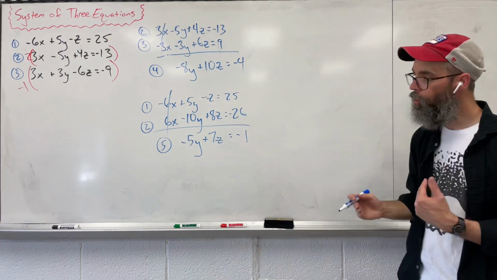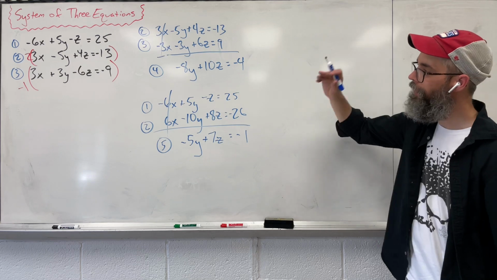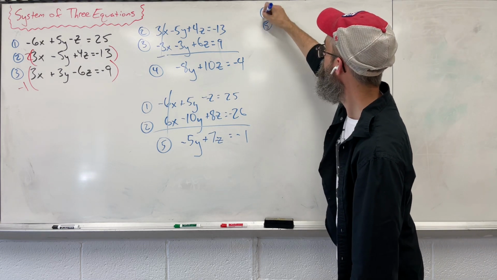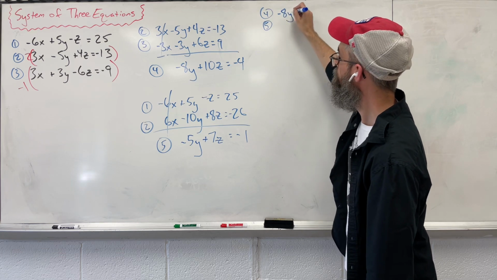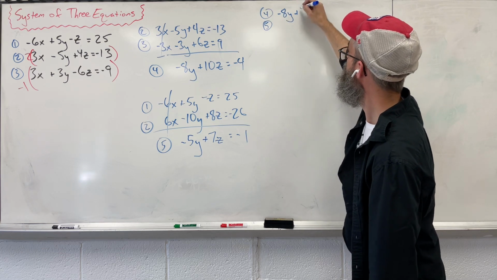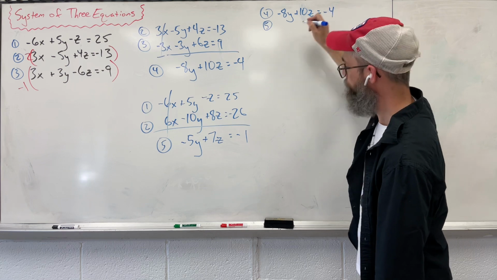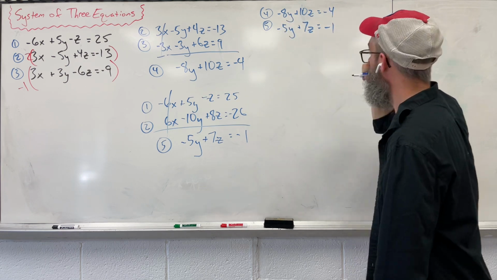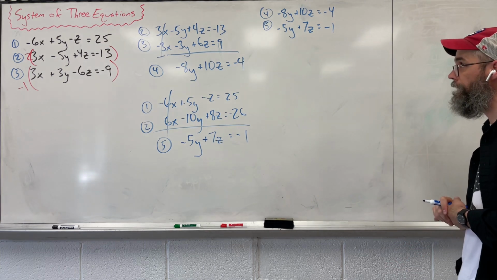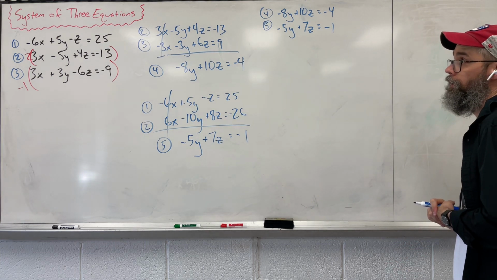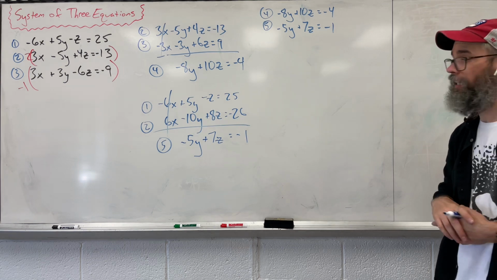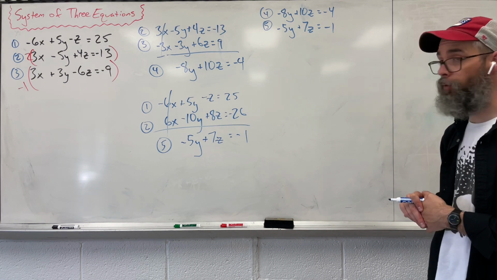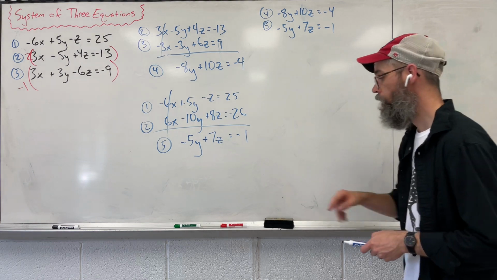We need to do this process all over again, this time with equations 4 and 5. So let's rewrite 4 and 5. Okay, I need to cancel out either y or z. Don't really care which one, but there's going to be a bit of math that we're going to have to do to both of these equations.